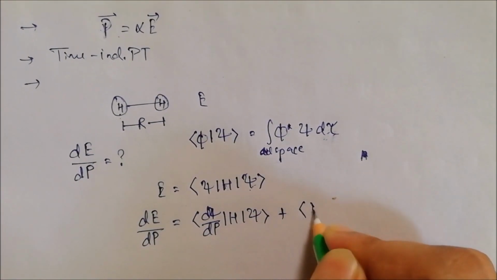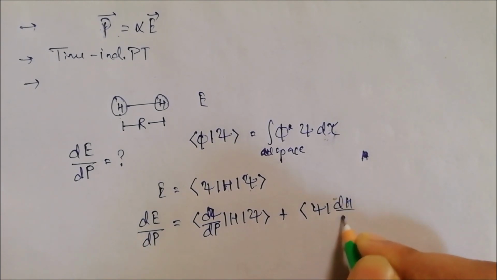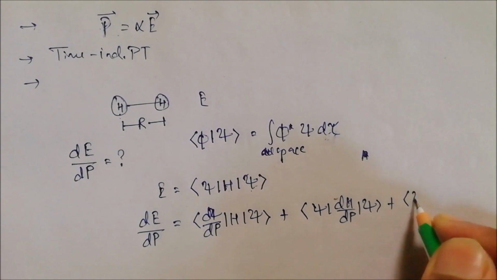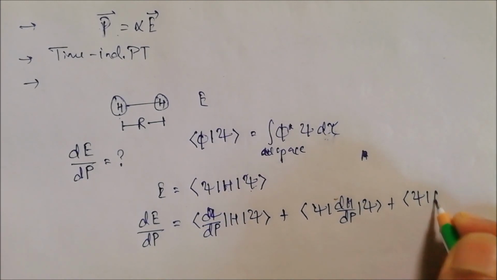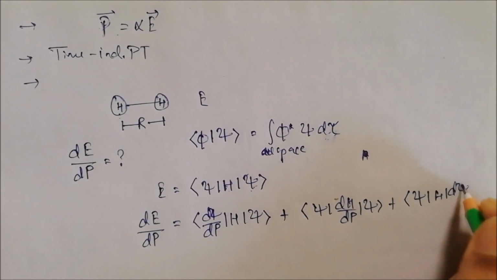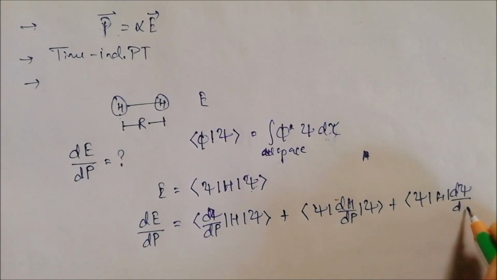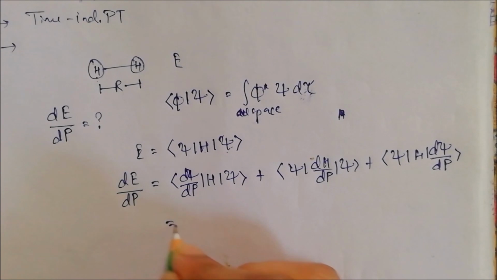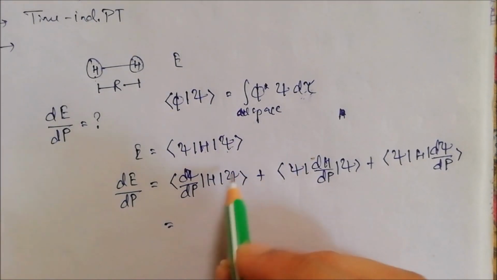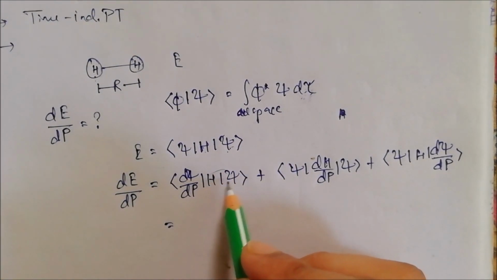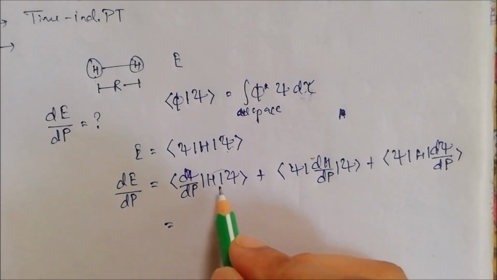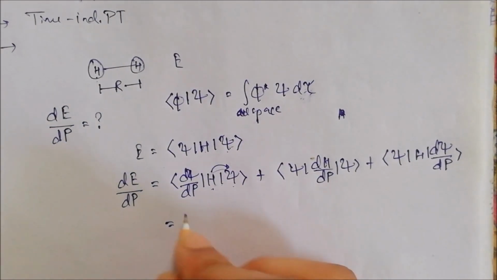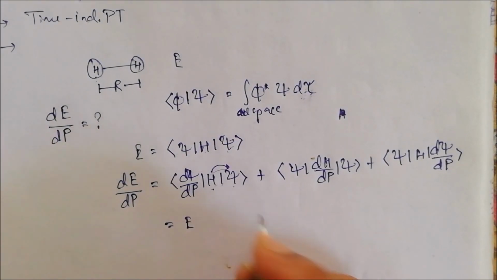This will give psi, dH/dp, psi plus the other terms, and as you see, this is just the normal product rule for differentiation. As I said, the hydrogen molecule is in one of the eigenstates of the Hamiltonian, so if the Hamiltonian acts on psi, it gives the energy of that state.